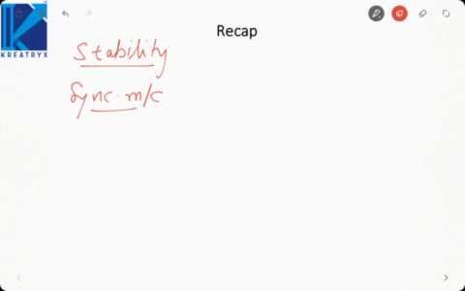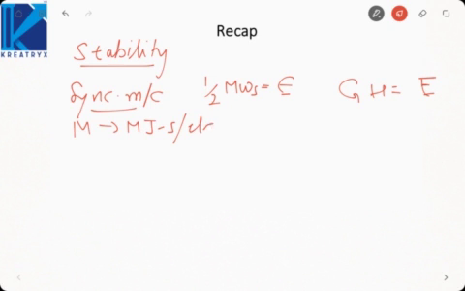In this we saw first of all the inertia constant. So we defined two inertia constants, M and H. M was defined such that half M omega s is equal to energy stored, and GH is equal to energy stored. Here E refers to the kinetic energy of the system. So M had the unit megajoule second per electrical radian.